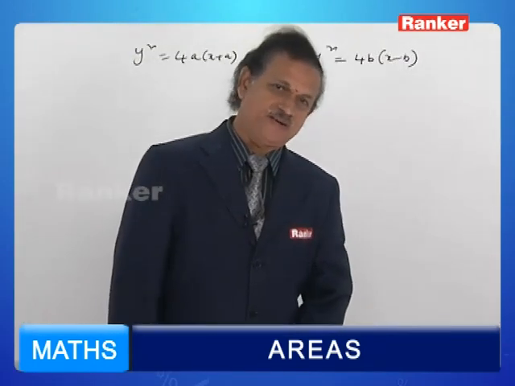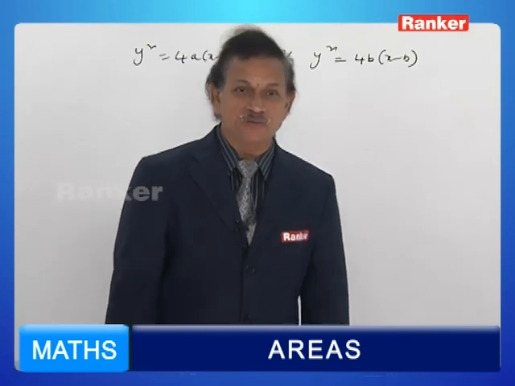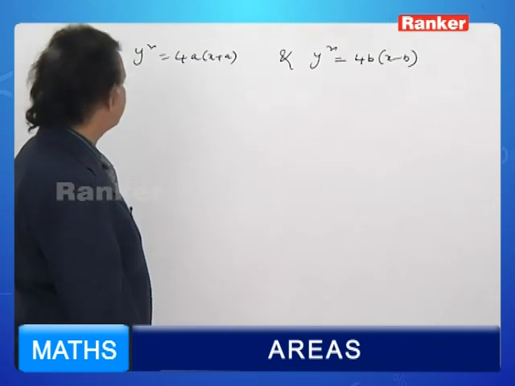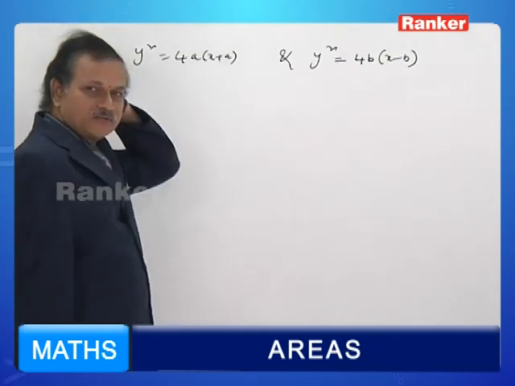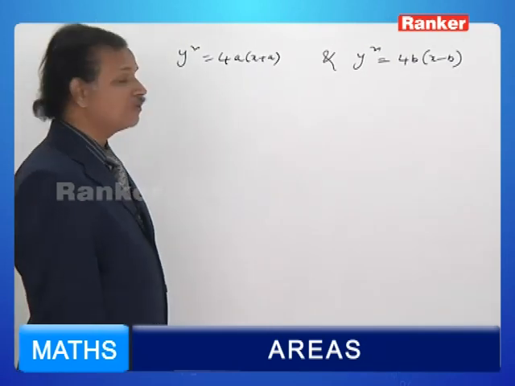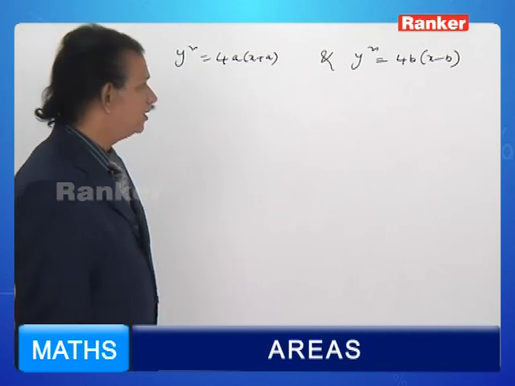We take special interest in finding the area bounded between these two parabolas written on the board. Observe the parabolas. One is y square is equal to 4a into x plus a, and the other is y square is equal to 4b into b minus x.